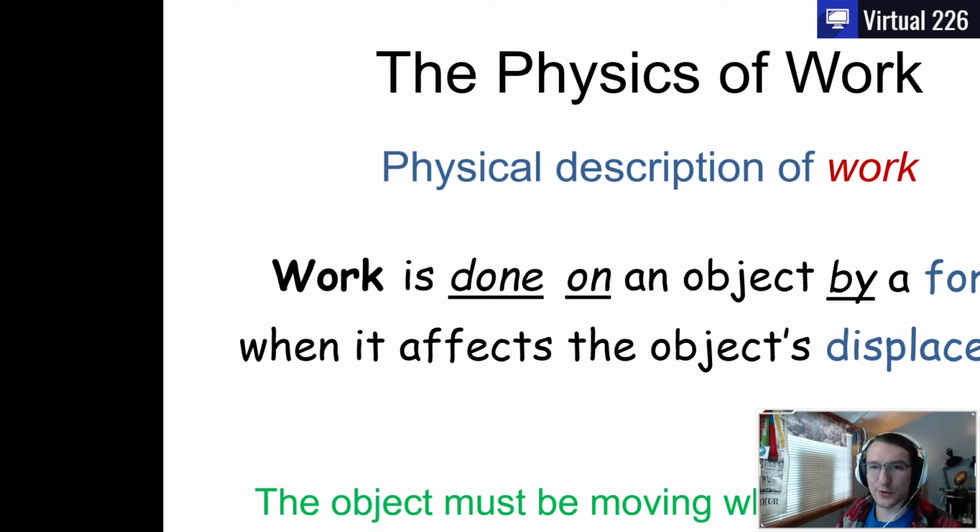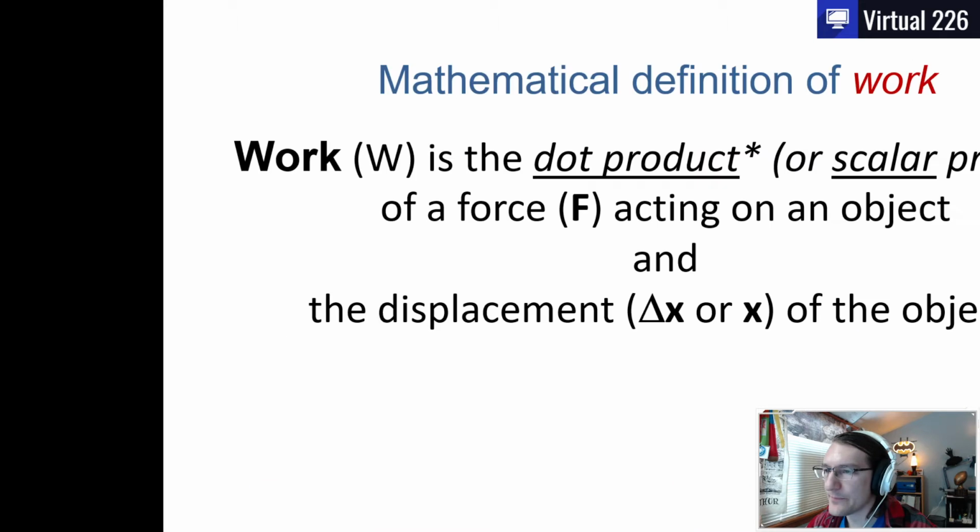If you push the high school and it doesn't move, you haven't done work. You might be getting tired. You might be spending internal energy as the calories are burning for your body, but you're not actually doing physical work. So kind of a weird thing. We'll see more examples of weird ways to do or not do work throughout this video. Okay, but that is our definition. Work is done on an object by a force when it affects the object's displacement. So when the force affects the object's displacement, that is doing work.